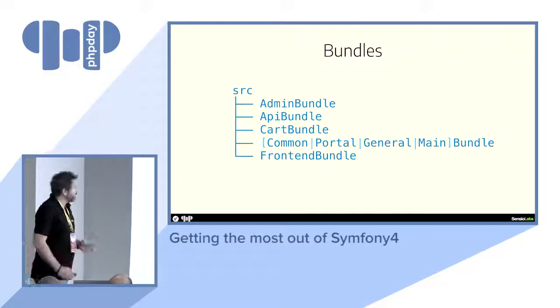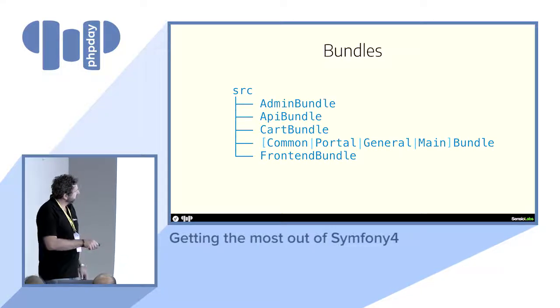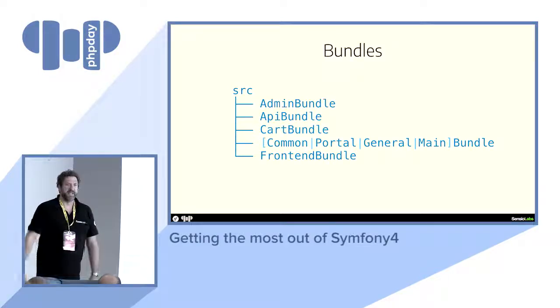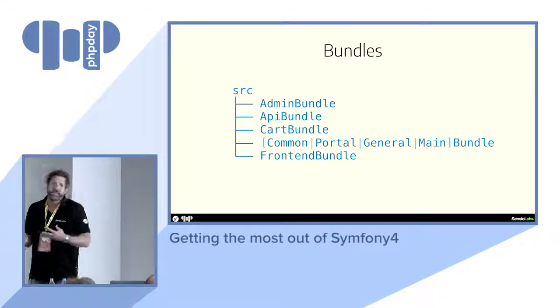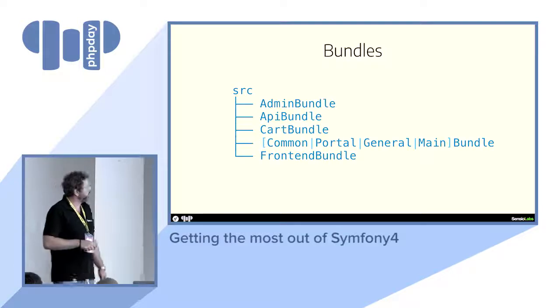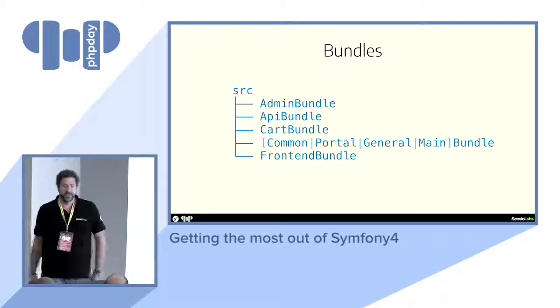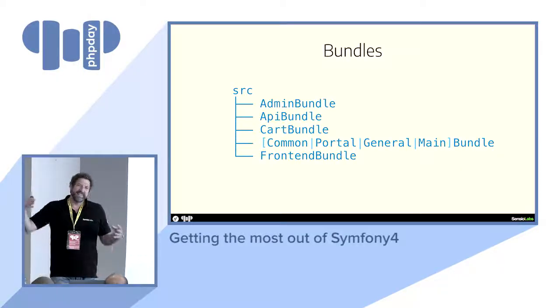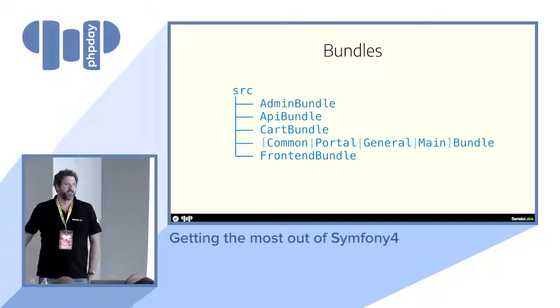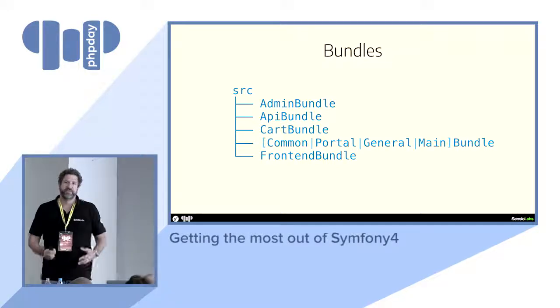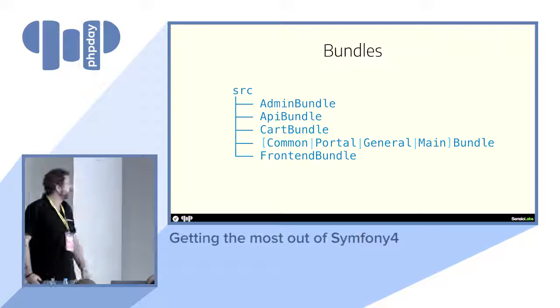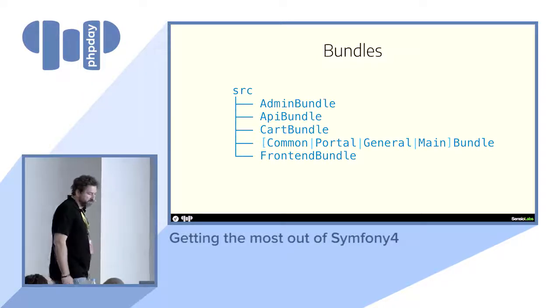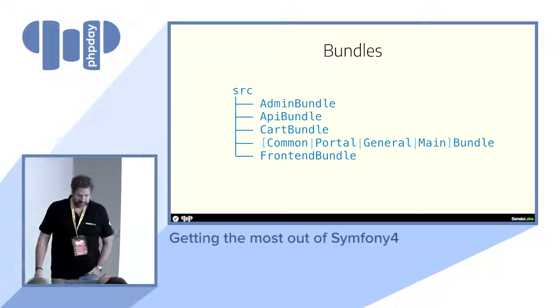In the best case scenario, you had something like this, where the common dependencies were centralized in one bundle. Usually they were called common, portal, general, main, or whatever. And then at least the dependencies went into one direction, which was sort of an improvement, but still sort of awkward. So we can simply get rid of this.